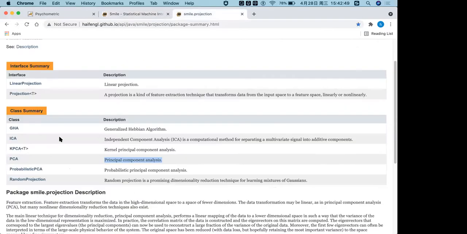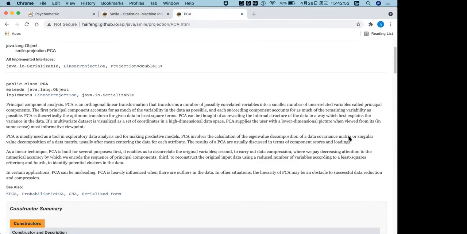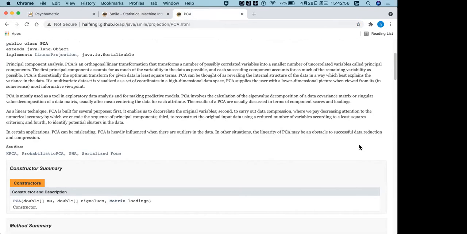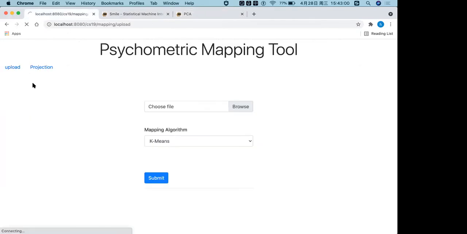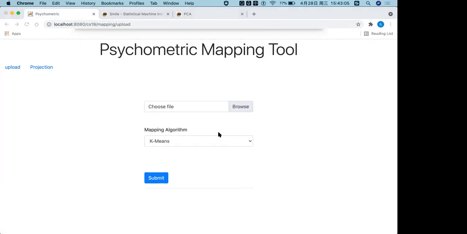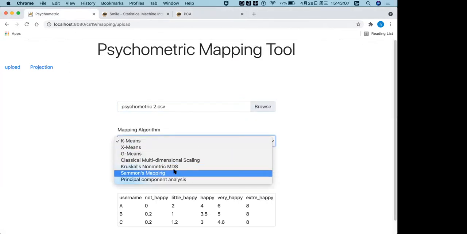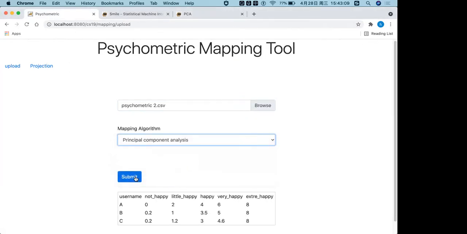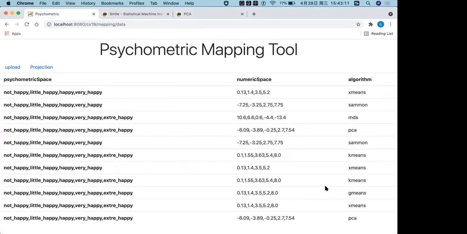No. Show me the result of PCA. Okay, this one is -6 to 7.54. So do you understand these numbers? Why does it come out like that?